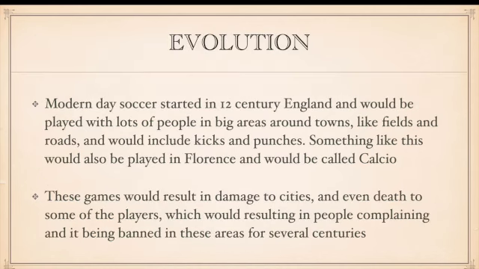The evolution. Modern day soccer started in 12th century England, and would be played with lots of people in big areas around towns, like fields and roads. That would include kicks and punches. Something like this would also be played in Florence and would be called Calcio.